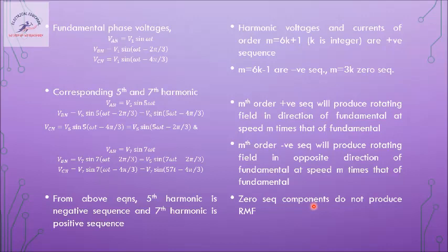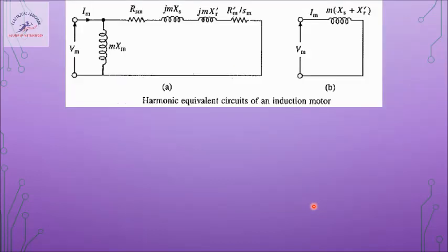Zero sequence components do not produce any rotating magnetic field, because to produce a rotating magnetic field, we need a phase difference of 120 degrees, and in zero sequence components there is no phase difference. They may produce a small magnetic field, but it is not called an RMF. So zero sequence components do not produce any rotating magnetic field.